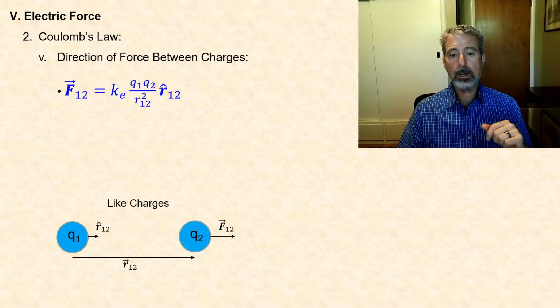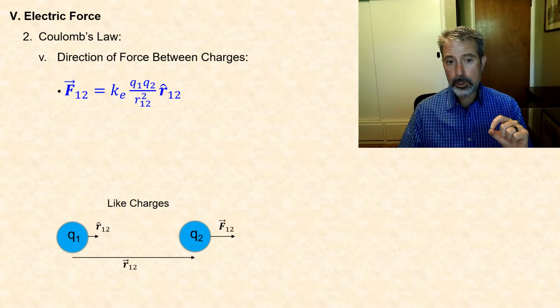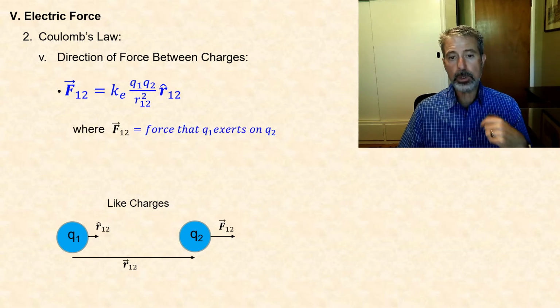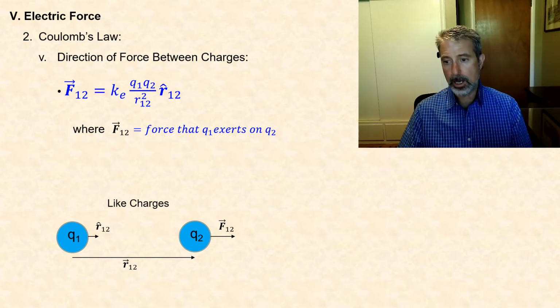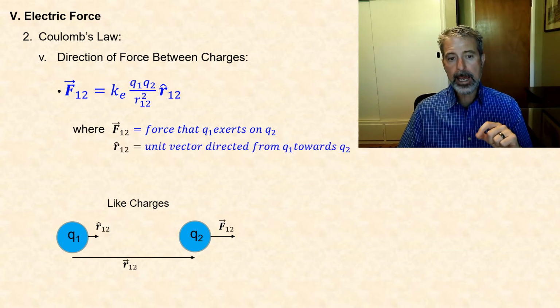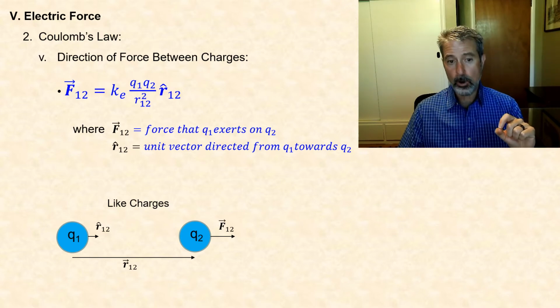So in this case, F sub 1, 2 is a force on charge 2 caused by Q1. In other words, F12 is the force that charge 1, Q1, exerts on charge 2. And as we said, this unit vector R12 hat is directed from charge 1 towards charge 2.